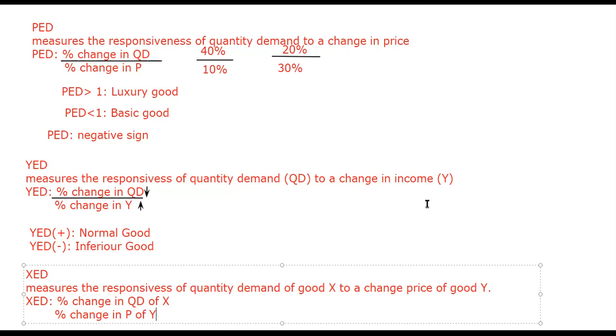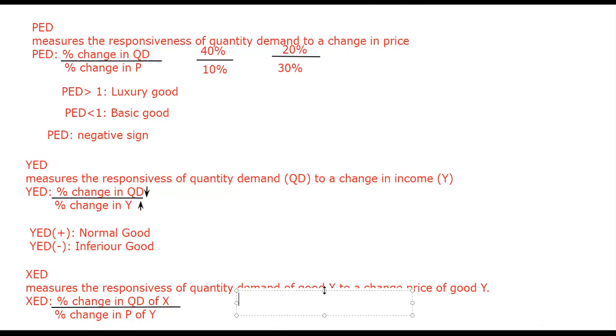Okay. Divided by the percentage change in price of good Y. If you calculate XED and you see it has a positive sign, what does it mean?